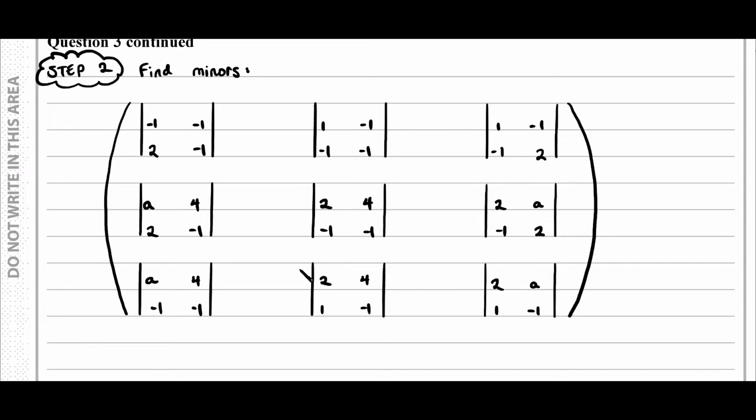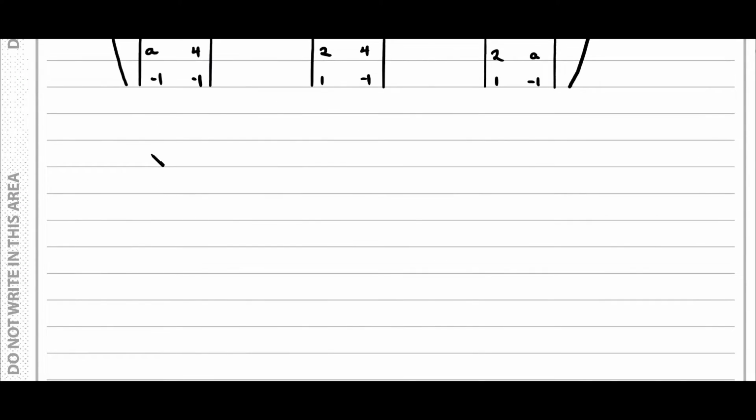So for the first one, we have minus 1 times by minus 1, subtract minus 1 times by 2. So let's just add that in. We have, for our first element, minus 1 times by minus 1 minus 1 times by 2.